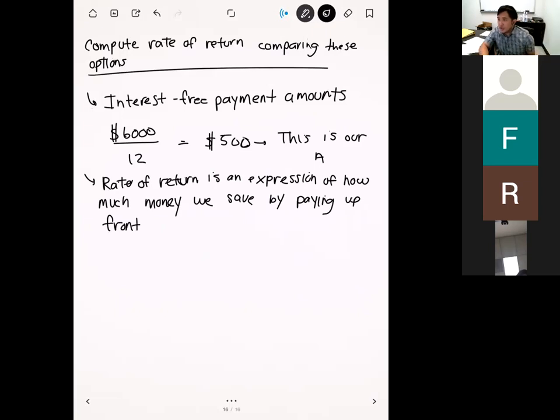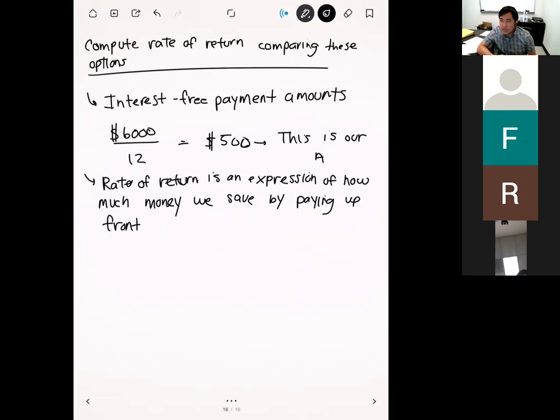Yes, it's easy to see that we're getting a 15% discount, and that should already be pretty obvious. But we're comparing two different types of cash flow here: one cash flow in the present day, $5,100, versus a uniform payment of $500 each month.